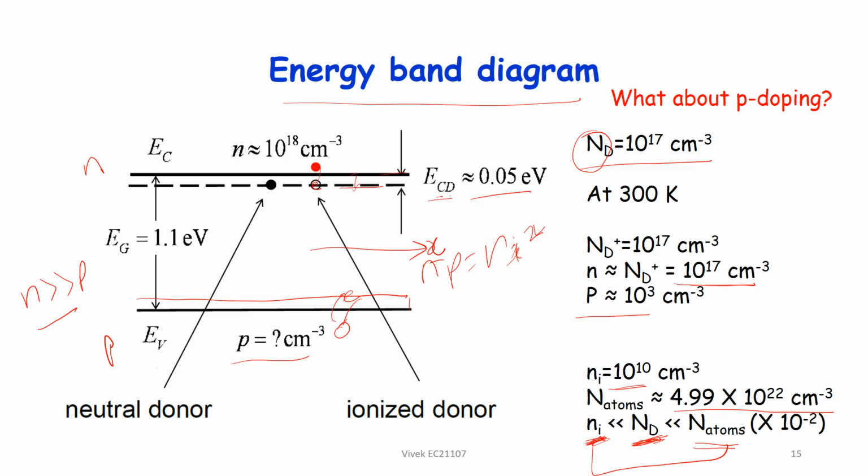Now this defect is basically an acceptor, while the other defect is a donor. So ECD is the energy difference between the donor defect level and the conduction band edge, and EVA is the energy difference between the valence band edge and the acceptor defect level.